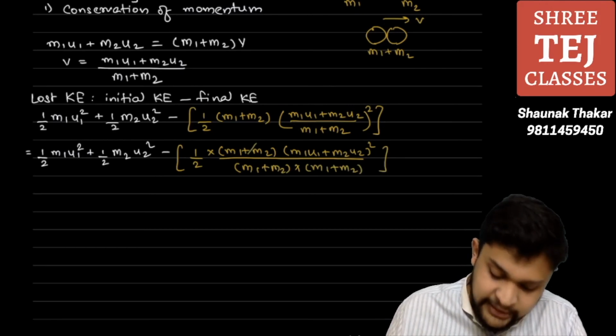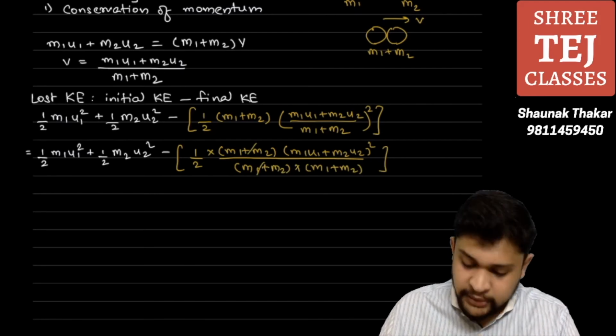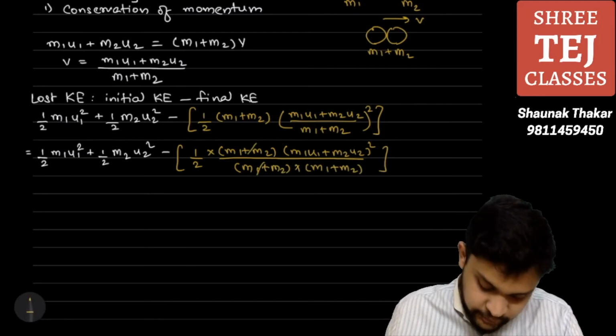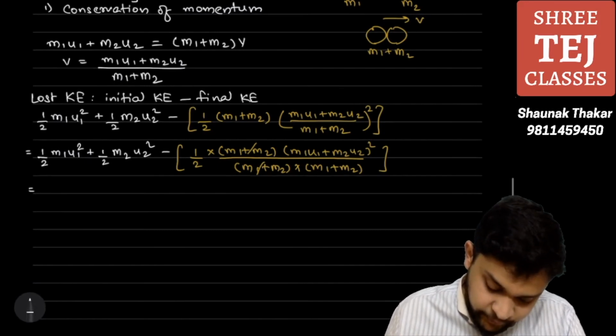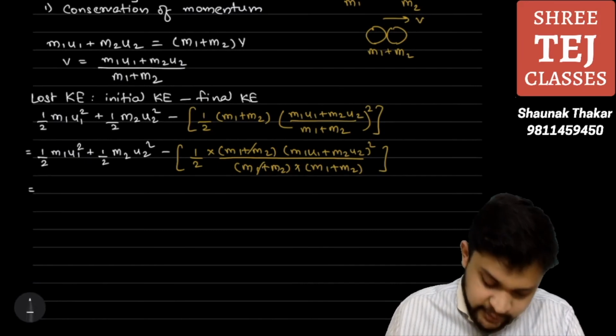Okay, so we cancel these m1 plus m2, m1 plus m2. Therefore we get, now we will expand this bracket.